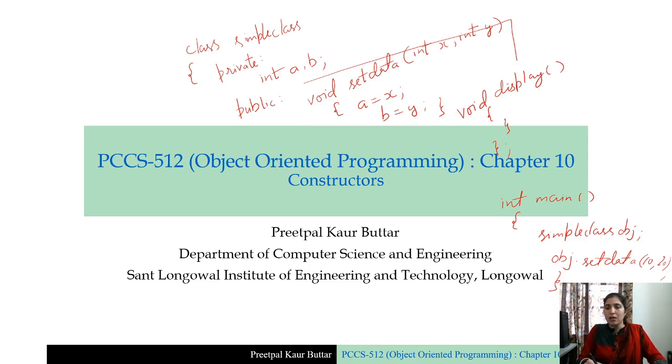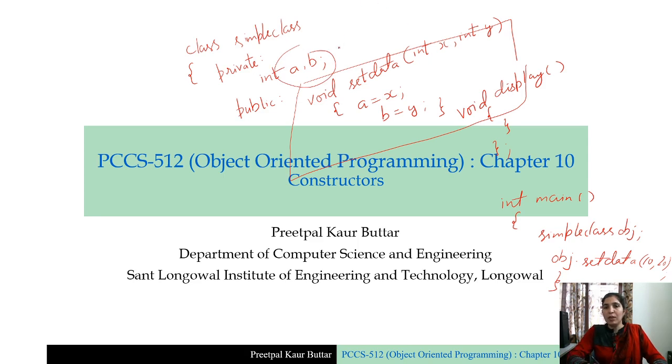So the question here is that, instead of using this specific function set data, can we create something which can automatically initialize the data members of a class when the object is created?